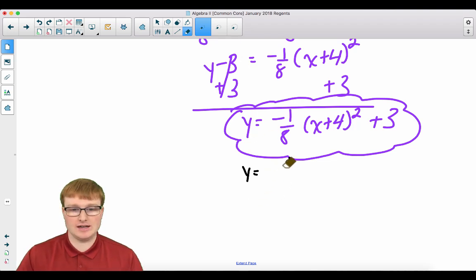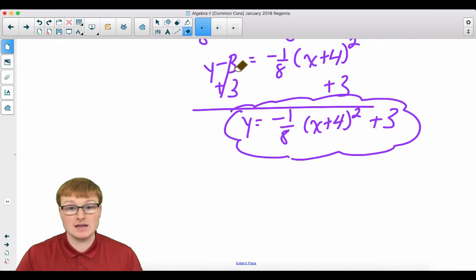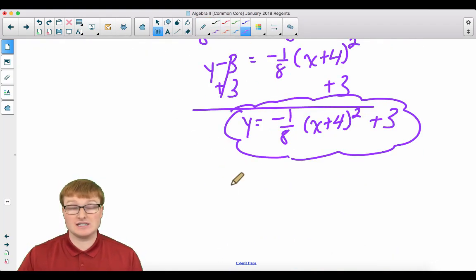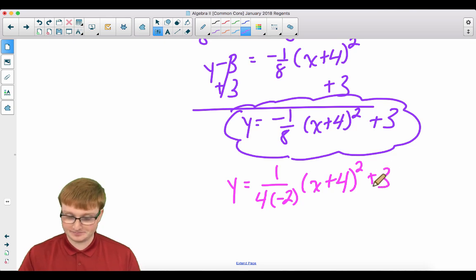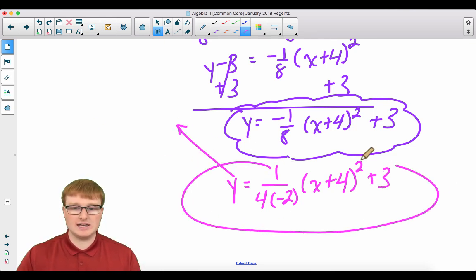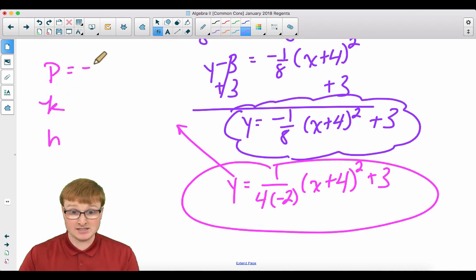Because I just realized something, that my equation is positive 1 over 4p, and since this is negative, I am going to rewrite this a little bit differently. This is y equals positive 1 over 4 times negative 2. I'm going to be careful with that. It's actually negative 2 times x plus 4 squared plus 3. Now, we have all of our information. From this equation, we could easily determine the value of p, k, and h. Well, p is negative 2.